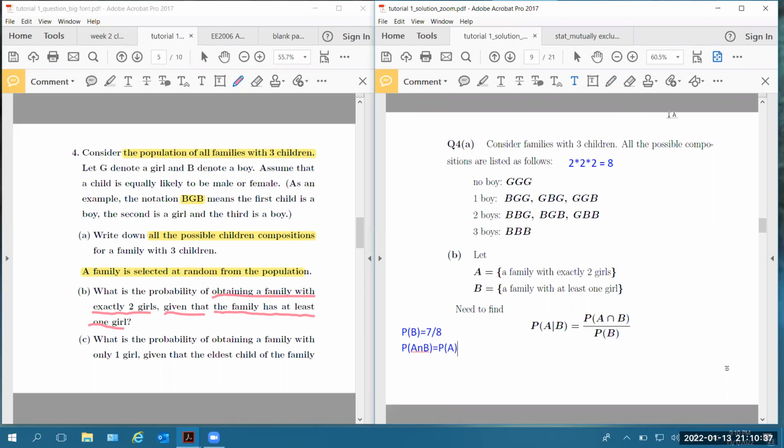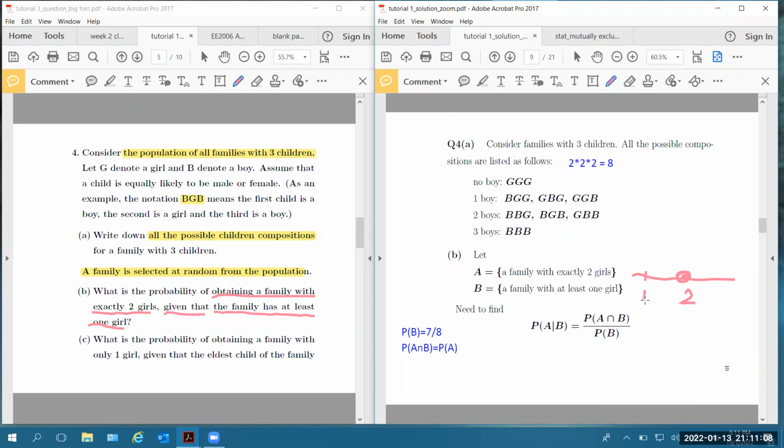Now I know some of you must be wondering why the intersection is just 2. So we go and draw a diagram. Let's draw set A, exactly 2. 2 is only 1 point, so this point is 2. And then let's draw B. B is a family with at least 1 girl. 1 is here, and 2 is only 1 point.